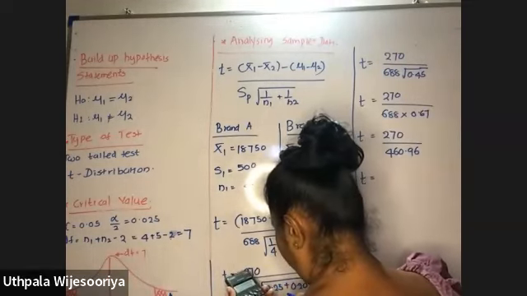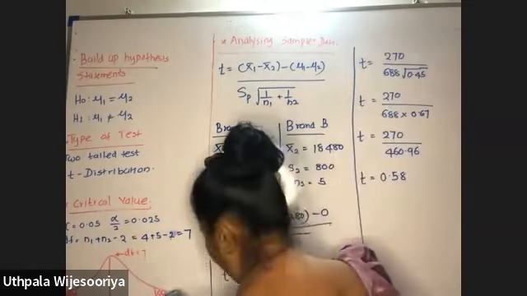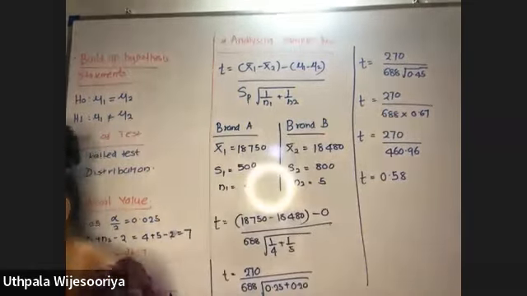That is around 0.58. The T value is around 0.58.